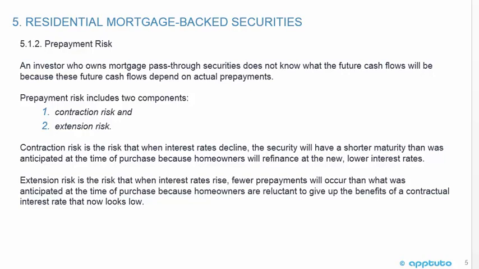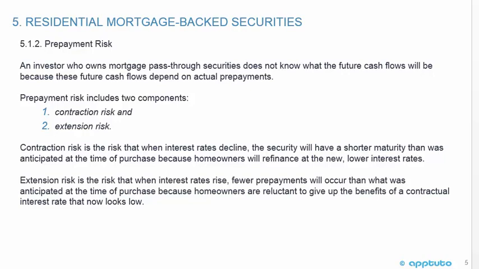An investor who owns mortgage pass-through securities does not know what the future cash flows will be, because these future cash flows depend on actual prepayments. And prepayment risk includes two components: contraction risk and extension risk. Contraction risk is the risk that when interest rates decline, the security will have a shorter maturity than was anticipated at the time of the purchase, because homeowners will refinance at the new lower interest rates.